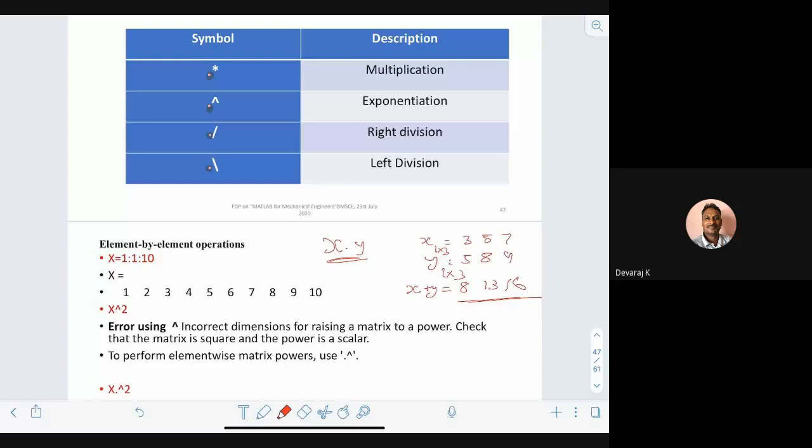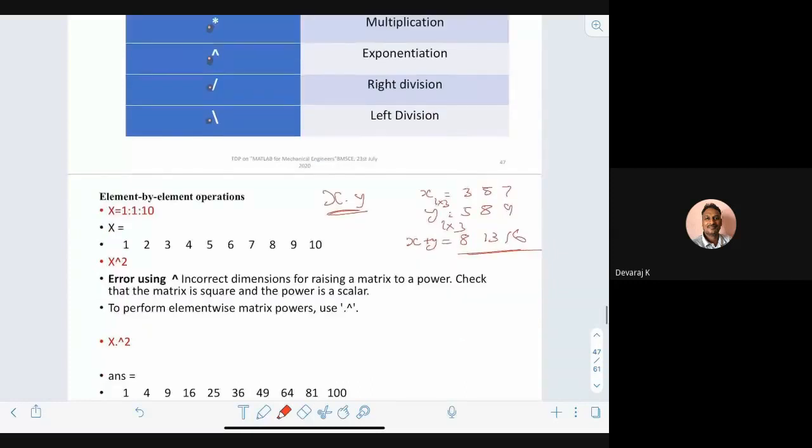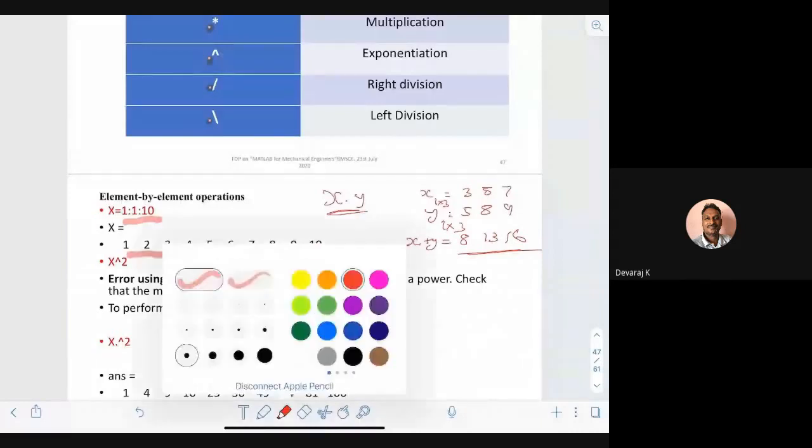For example, if x is defined as a vector starting from 1, with 10 as the ending element and an incremental value of 1, and I execute it in the command window, I am going to get these 1 to 10 numbers.